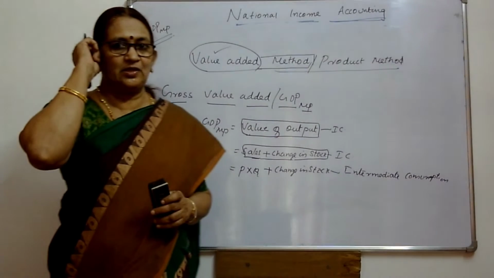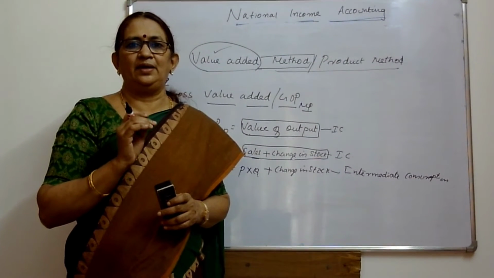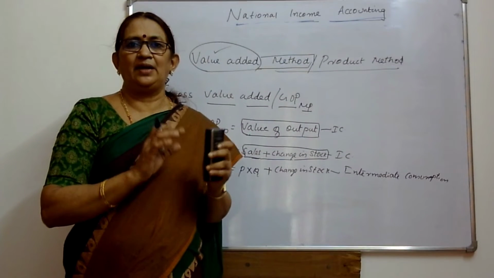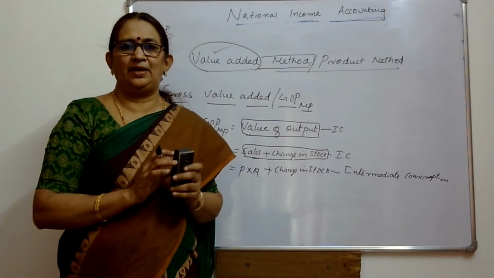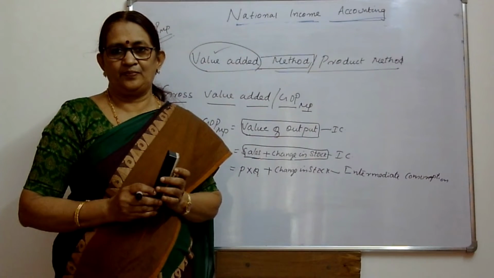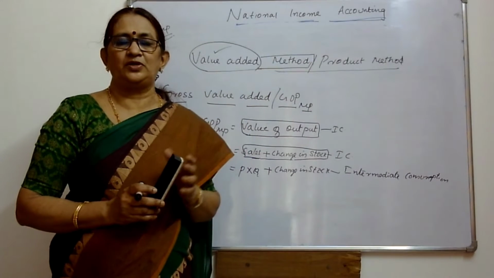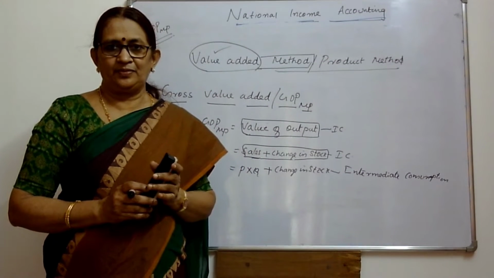Every firm has closing stock and opening stock. In the beginning of an accounting year, there is a stock. For example, 100 units of the good is available with a firm as opening stock. And the firm wants to increase its stock to 200 units.